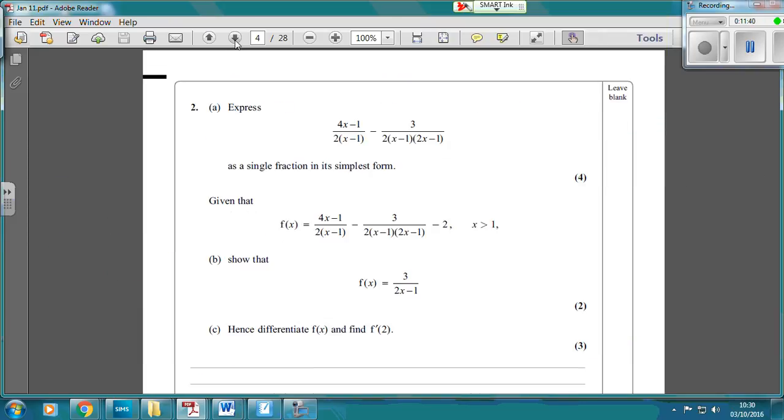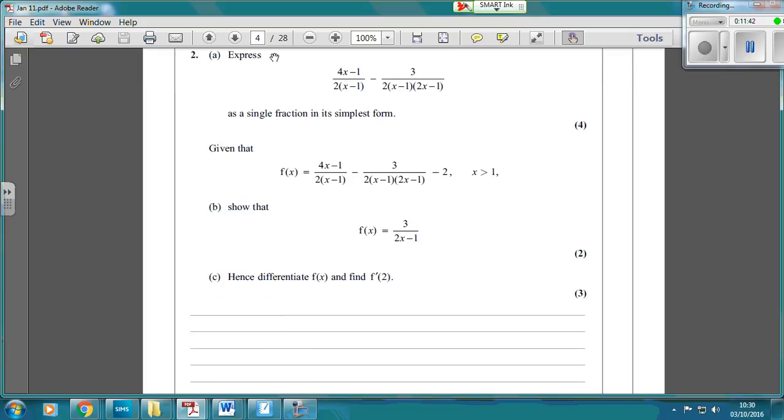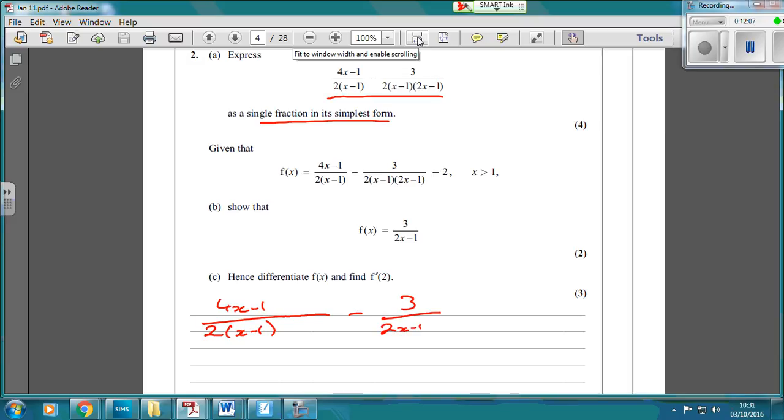Question 2. These are Harry's favourites, even. So we've got to express this as a single fraction in its simplest form. So 4x minus 1 over 2 bracket x minus 1, and then x over minus 3 over 2x minus 1.